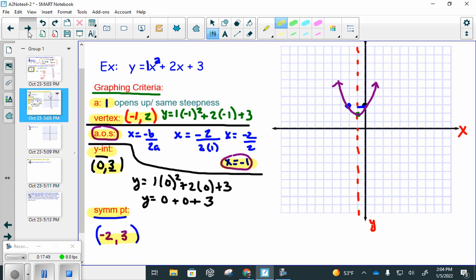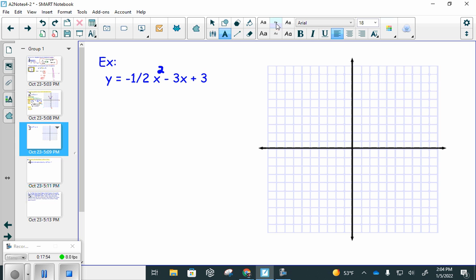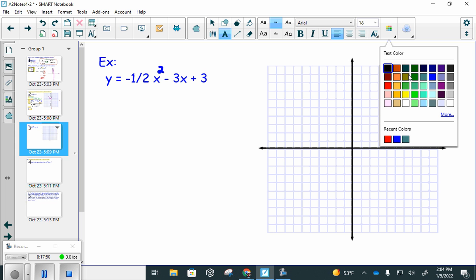Okay, we are going to try one more example together, just to make sure that you see it again, understand what I'm expecting you to do.